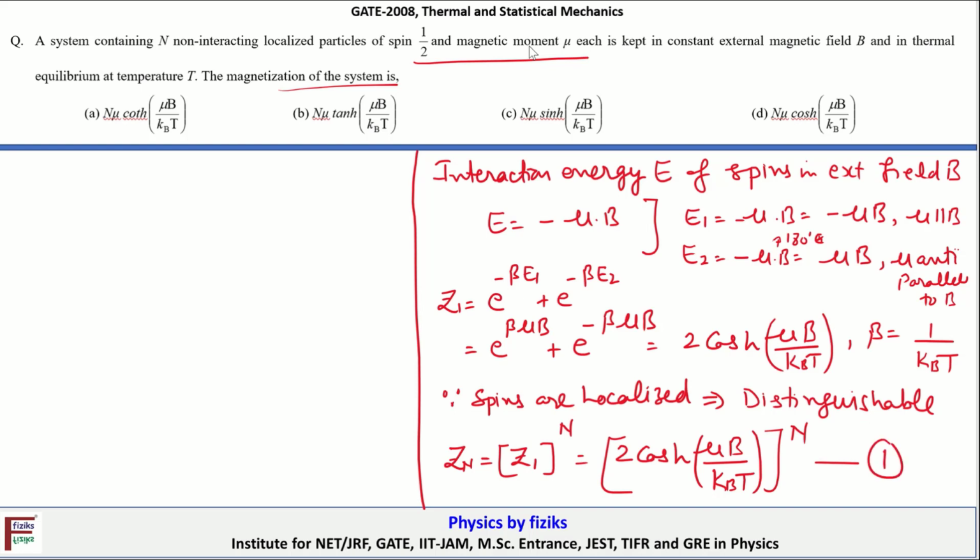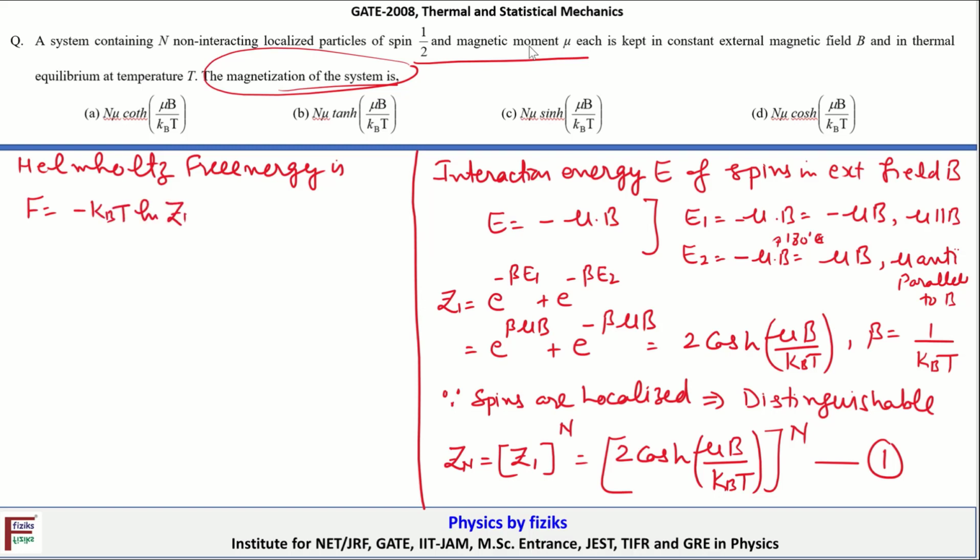Now the Helmholtz energy for this system, because our ultimate aim is to look for the magnetization of the system. Let's see how we can determine the magnetization from the Helmholtz energy. The Helmholtz energy for this system is F, that is equal to minus kT ln Zn.